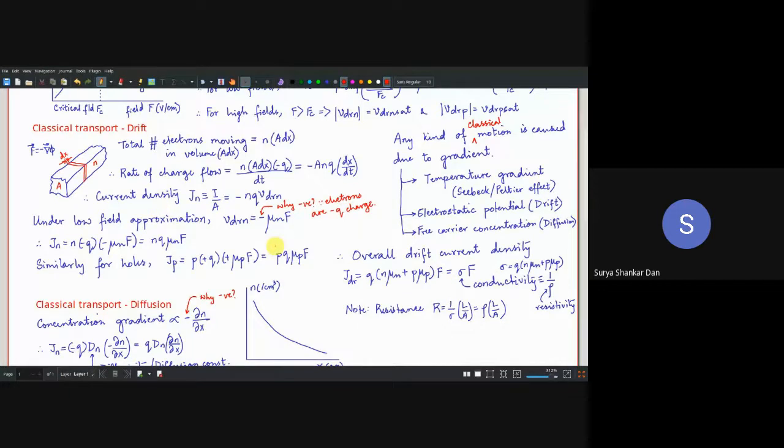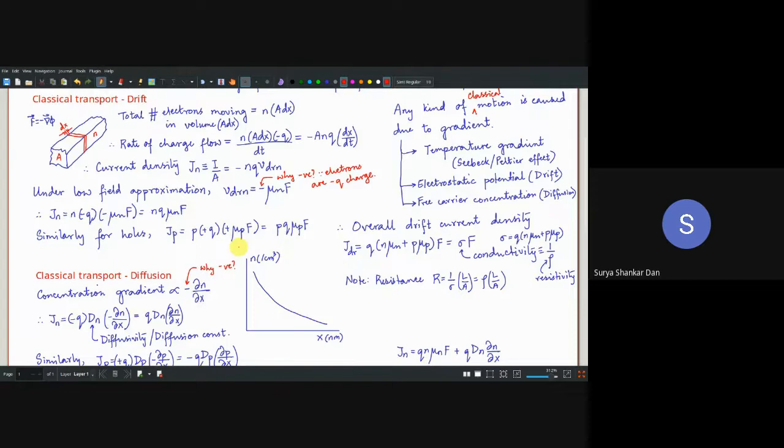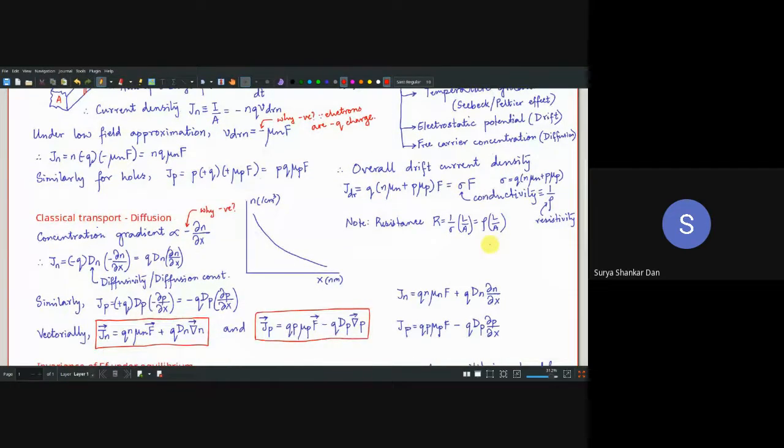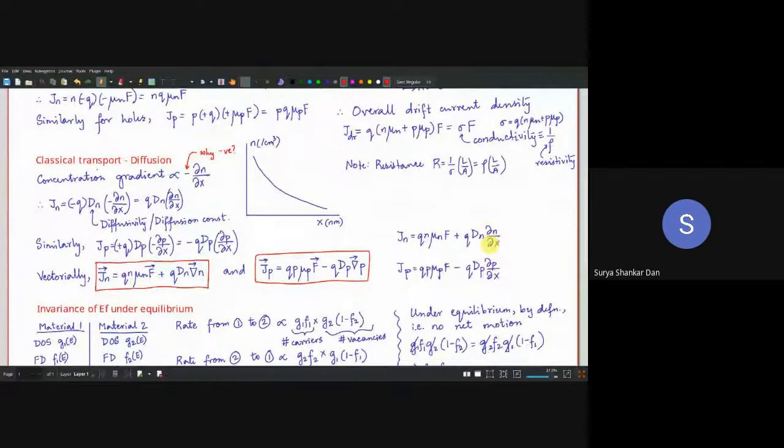But if you are using vectorial notation, you don't have to bother so much about the positive and negative and all that. Okay. But anyway, so basically the overall drift current density is this relation. I have just added these two factors and you get the conductivity, and this is something which you know from your BTech. Conductivity and resistivity concept.